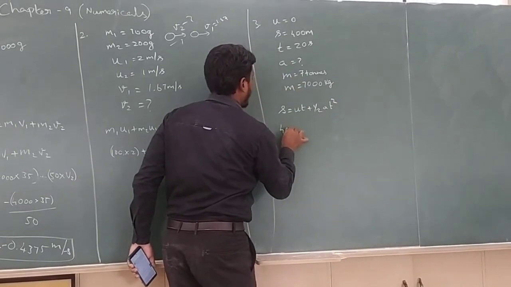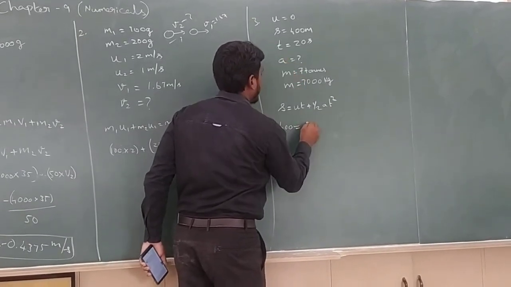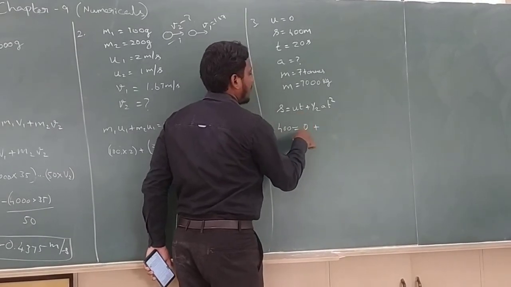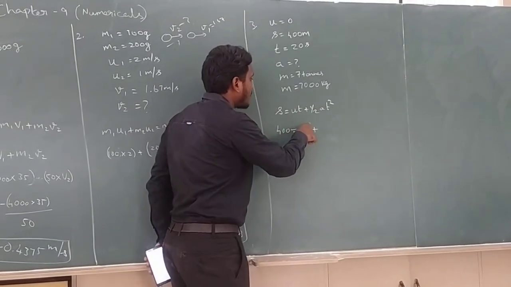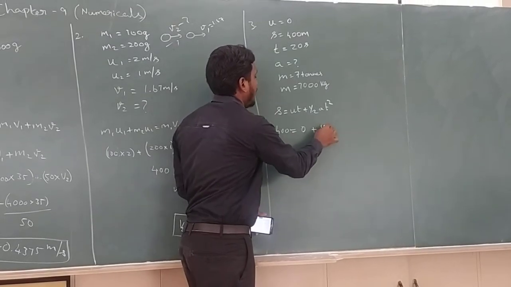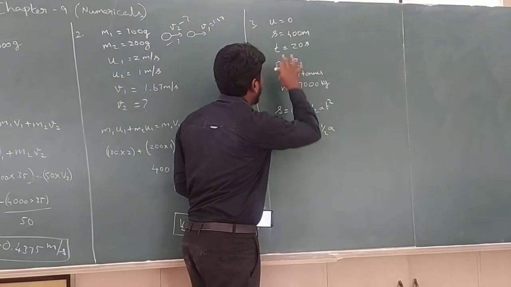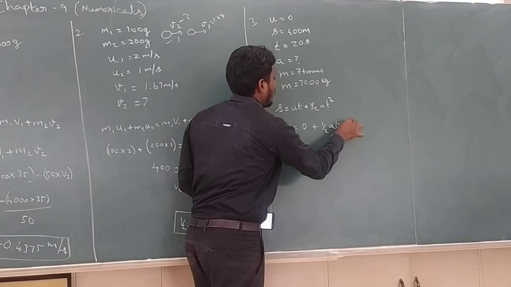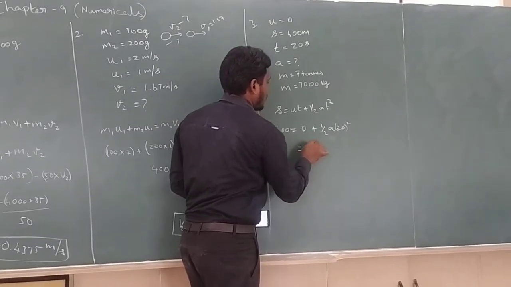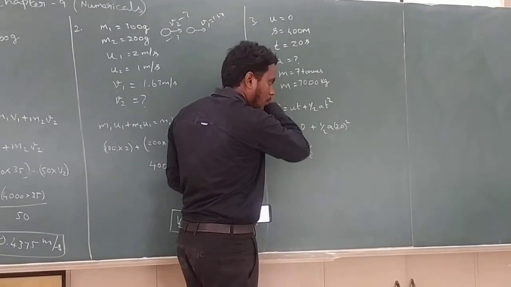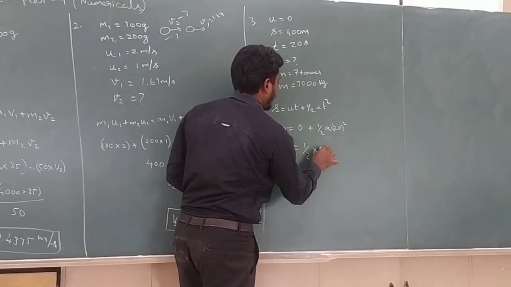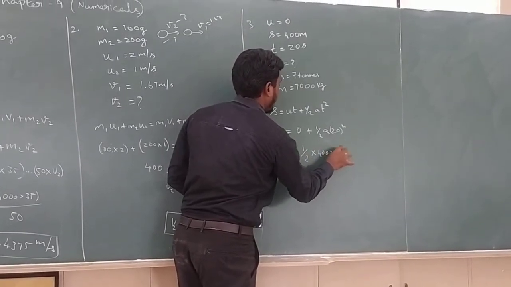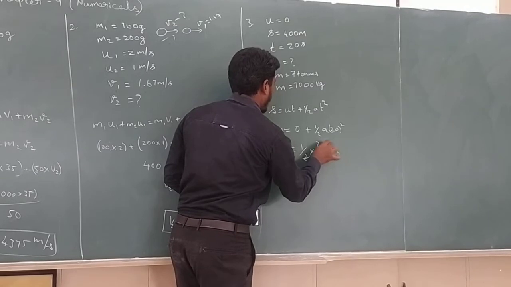s is 400, equal to initial velocity 0, so multiplied by time we will again get 0. Plus half into acceleration, which we have to find, into t square, which is 20 square. That's 400. So half into 400 into a, which will be 200a.